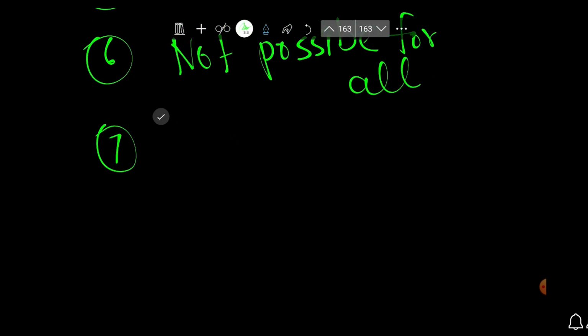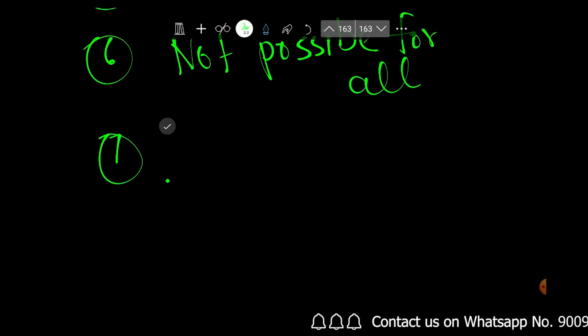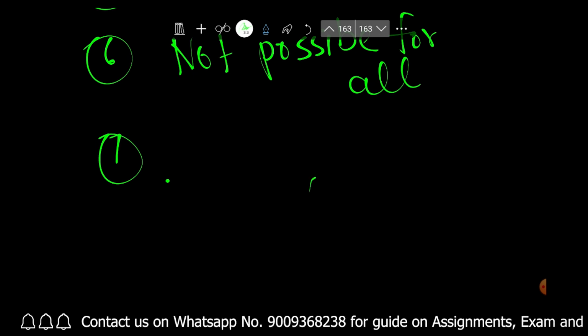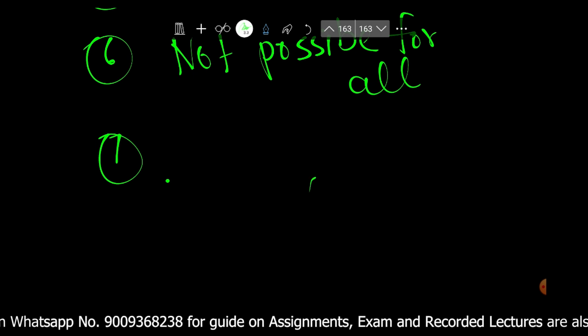And the seventh point is that it is not possible in every situation. Census is not possible for many reasons in various situations where the investigation area is large and wide.